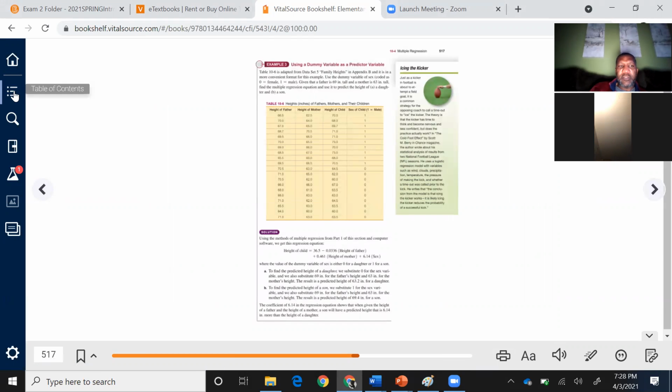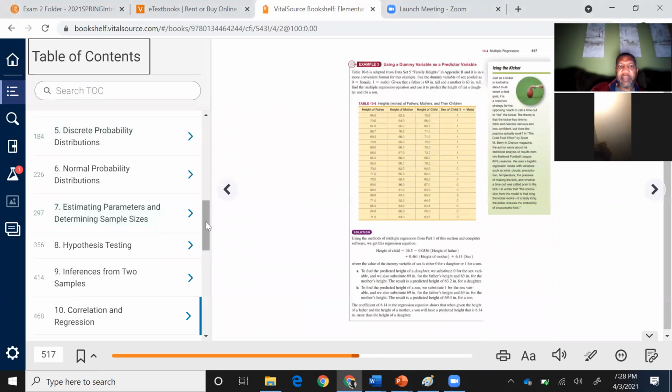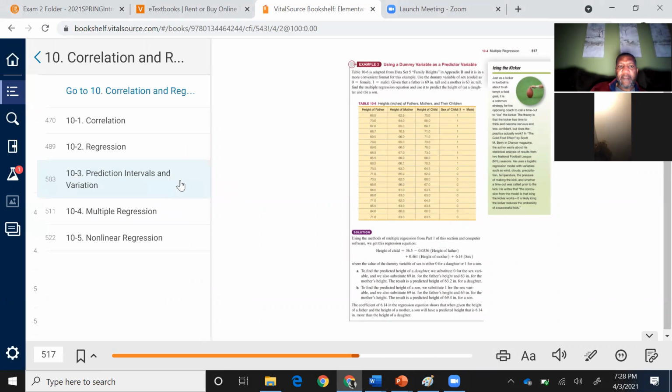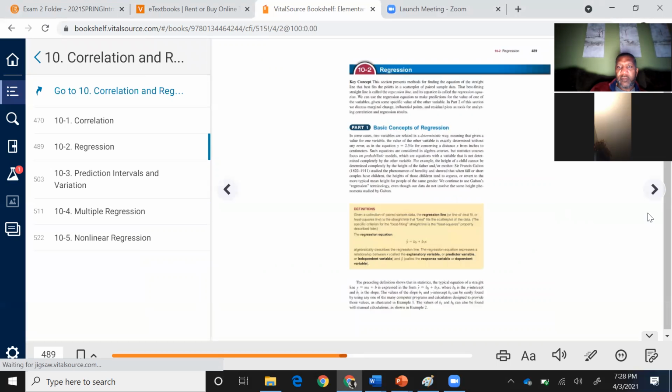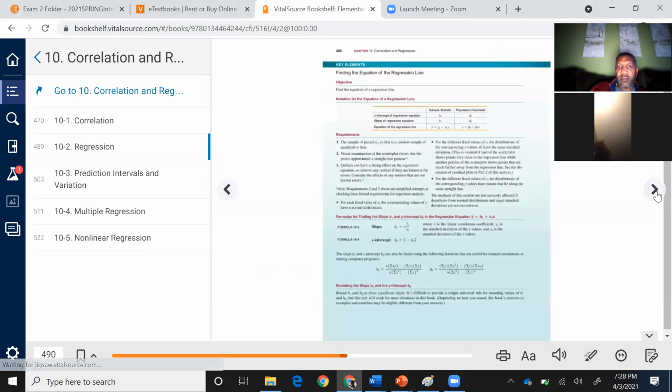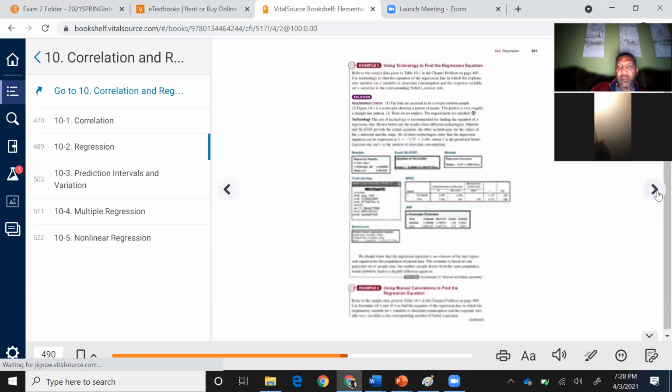Let me go to section 10.2. I think it might be a picture in 10.2. Yes. Yep.